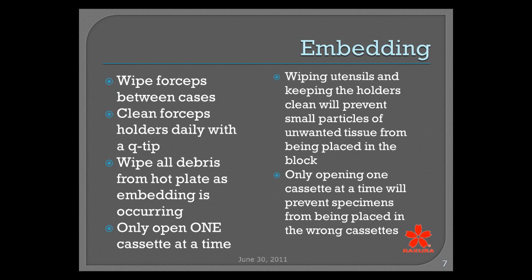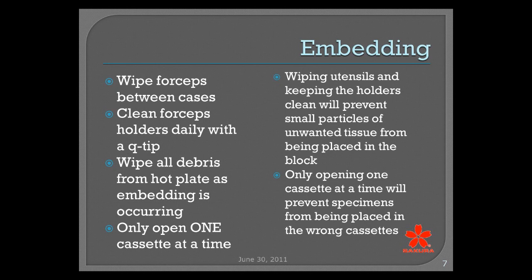If you just get in the habit of, I tear up little pieces of paper towels and have them next to my embedding center, and if I've embedded a great big 25-block case, then in between cases, when I'm done with that, I'll just wipe off that hot plate and move on to the next case.